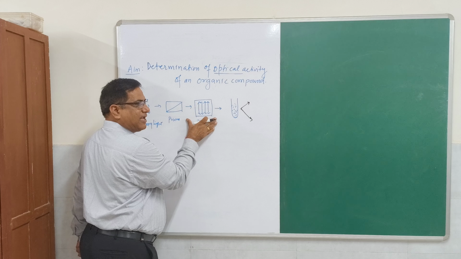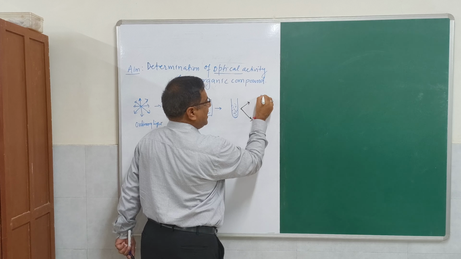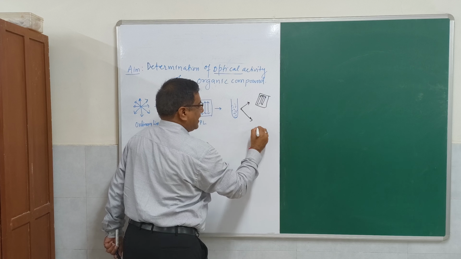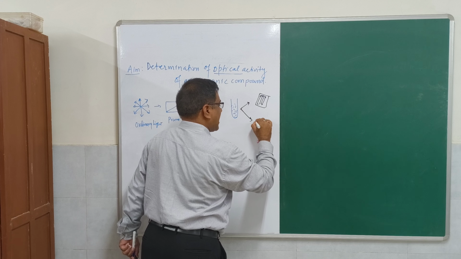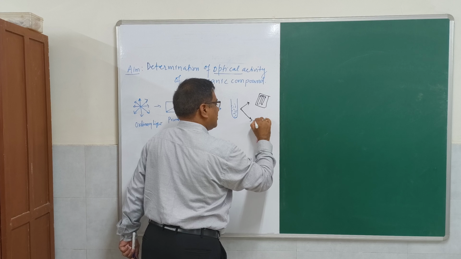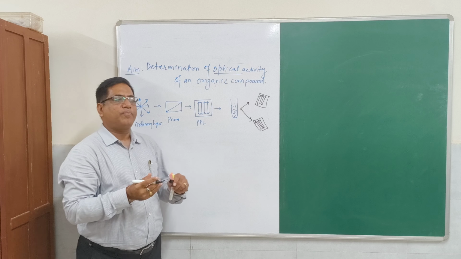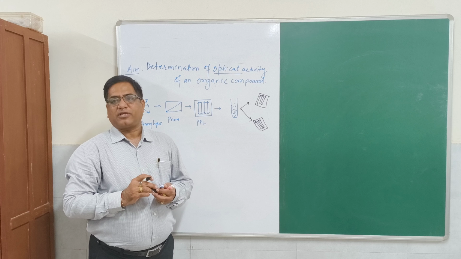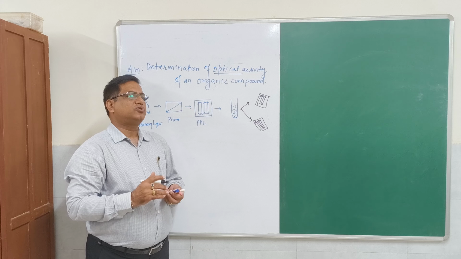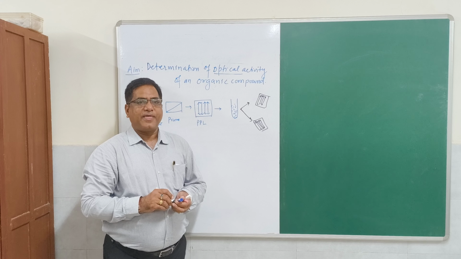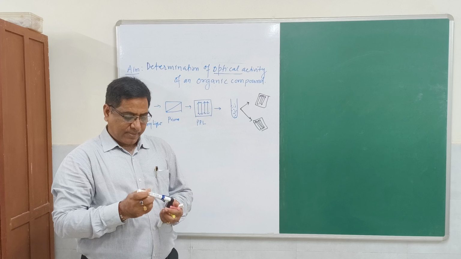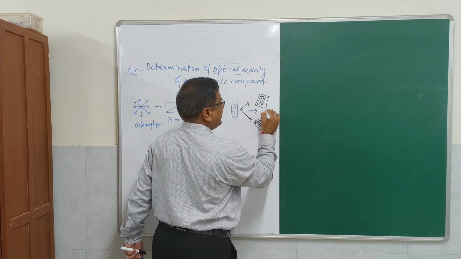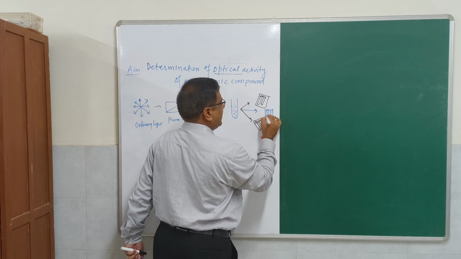It rotates the plane polarized light to the right side, which is clockwise, or to the left side, which is anti-clockwise. Substances that rotate the plane polarized light are called optically active substances, and those which do not rotate it are called optically inactive substances.